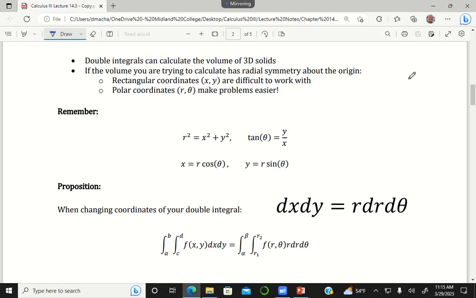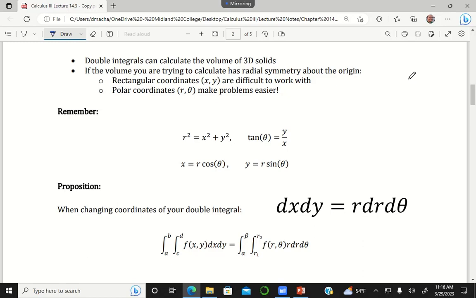But if that surface happens to have radial symmetry about the origin, and the region in the xy plane that you want to calculate the volume over has radial symmetry about the origin as well, then usually the rectangular coordinates are more difficult to work with. But as long as your solid has radial symmetry about the origin, you could use polar coordinates. And that usually makes your problem a lot easier.